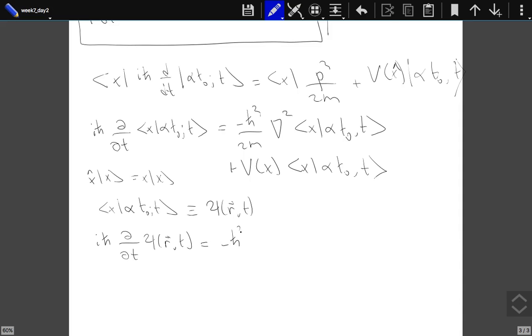This is equal to minus h bar squared over 2m Laplacian plus V of r, multiplying psi of r t. Now let me also change this to r. And this is my time-dependent Schrödinger equation.